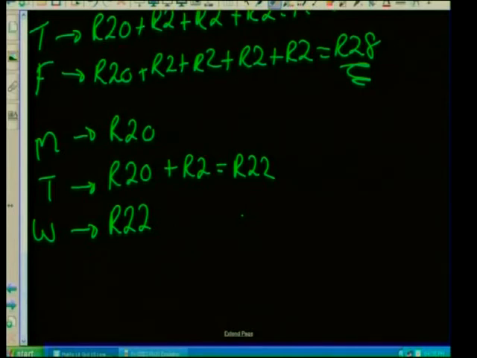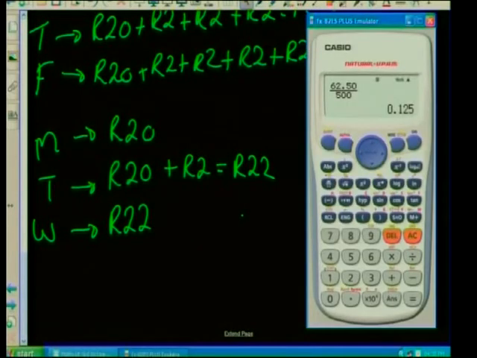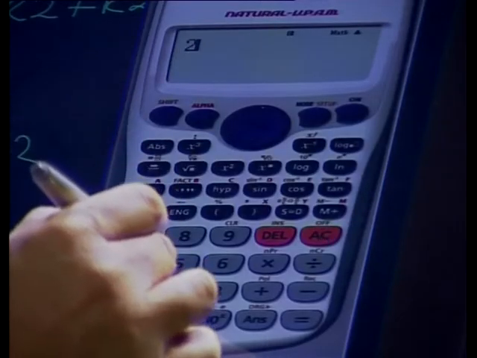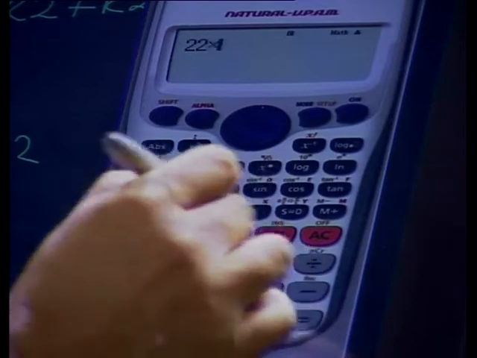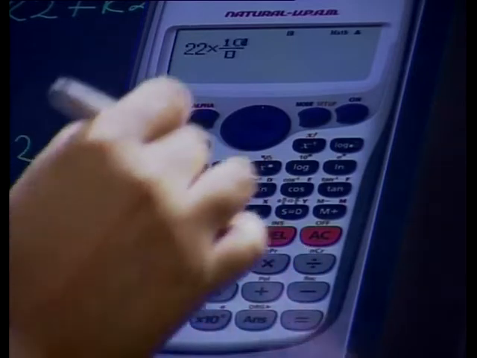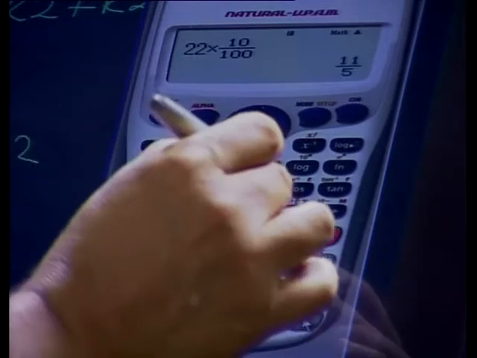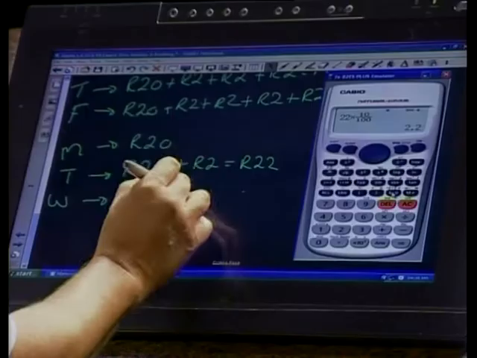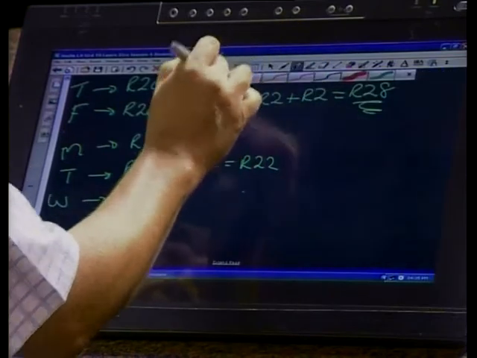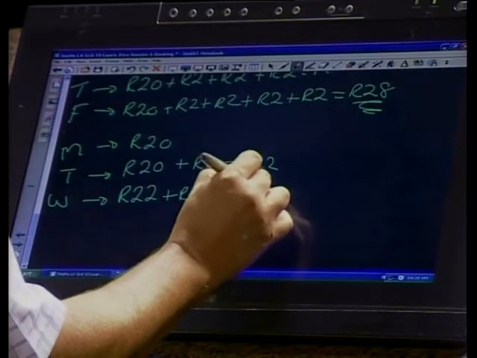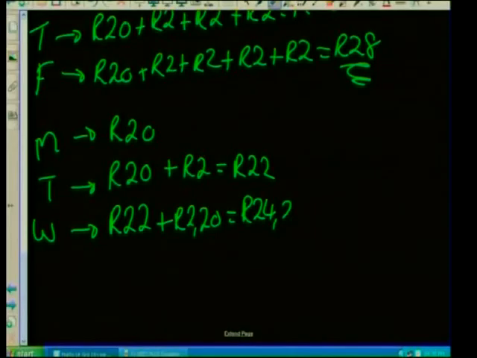I want 10%. Let's take our calculator. So we're now going to say, got 22 Rand, and I want 10% of that. Okay, we're going to add 10%. So what is it? It's a further 2 Rand 20. So we're going to add 2 Rand 20. It now comes to 24 Rand 20.